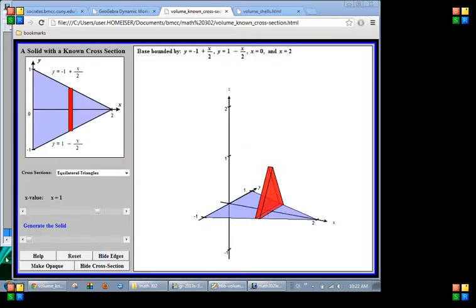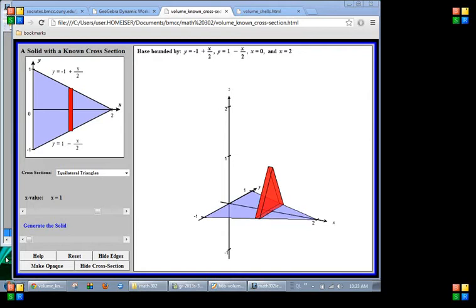So the first thing we said is if we have a base and then we know what the area of each cross section is, we can mentally set it up in the following way. We can say each cross section has a width delta x, which we will eventually make dx, and then it has a certain area.